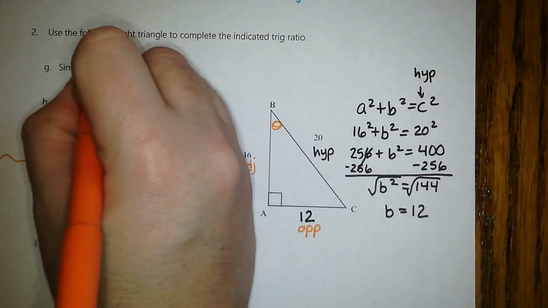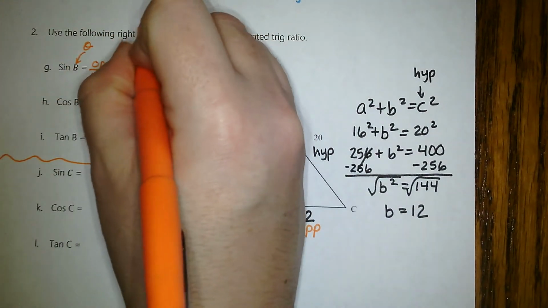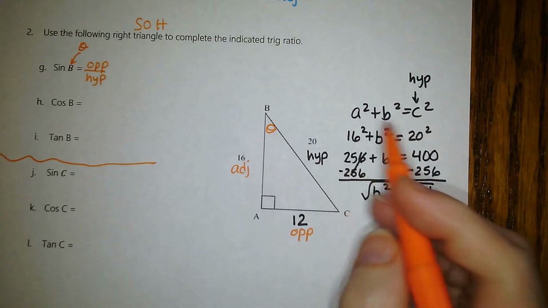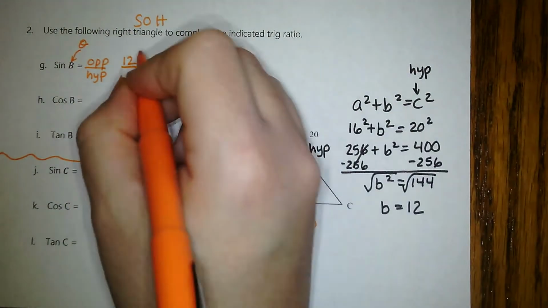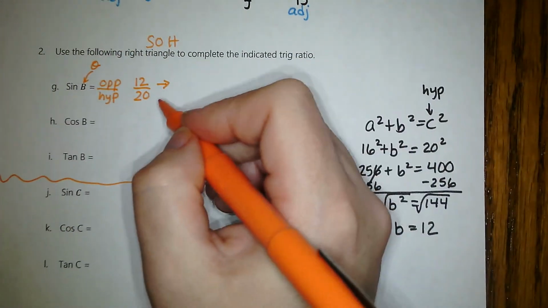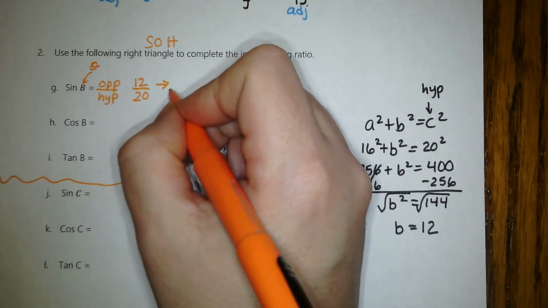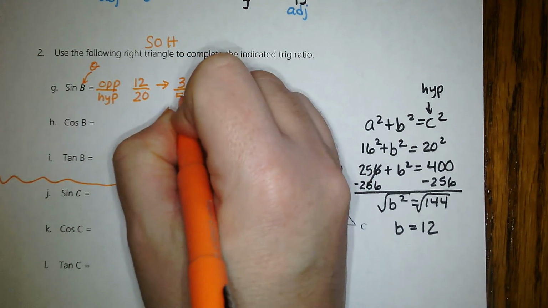So opposite over hypotenuse. This is my SOH. S-O-H. So opposite is 12. Hypotenuse is 20. And of course, you should reduce that. 12/20ths. Common factor would be 4. So you would end up with 3 over 5.